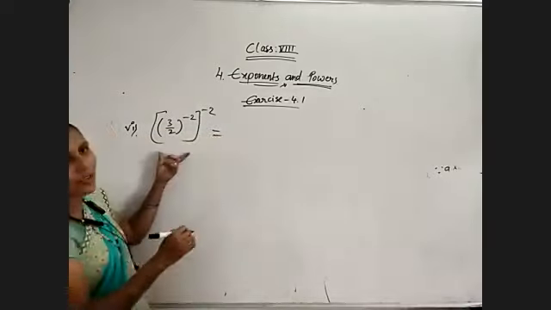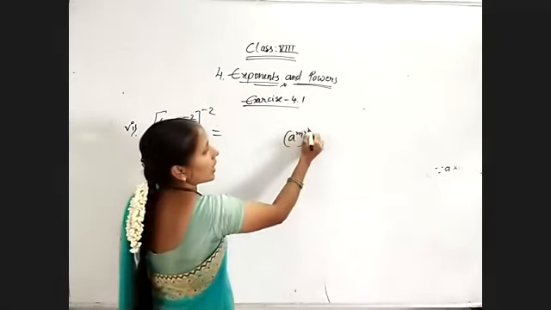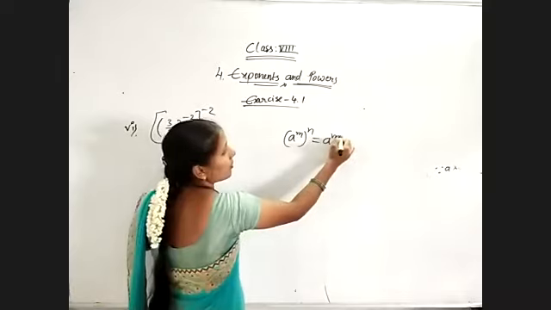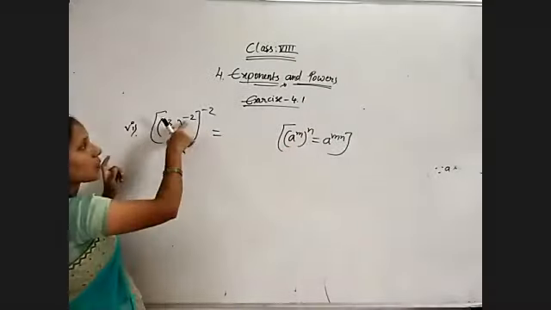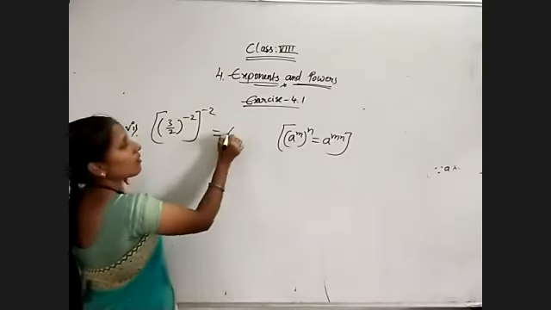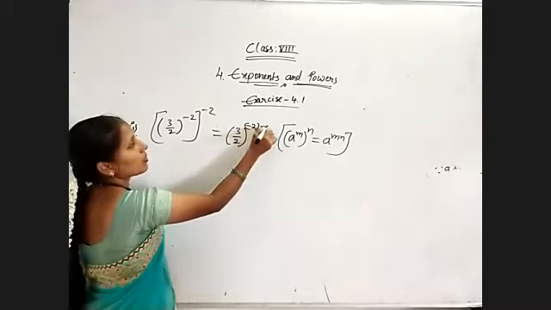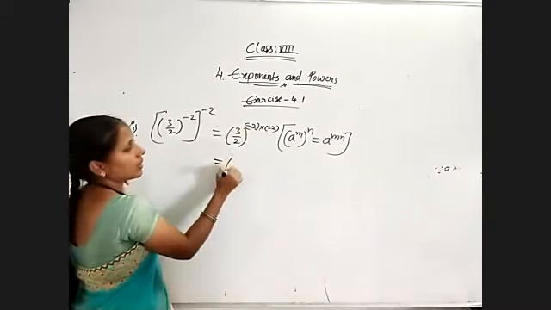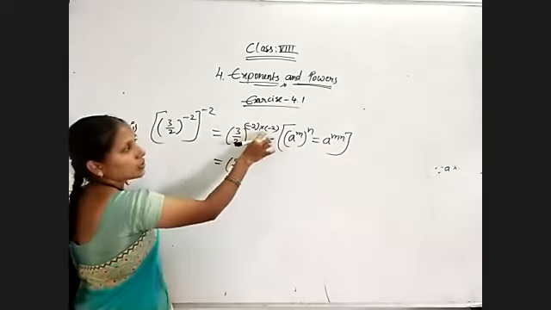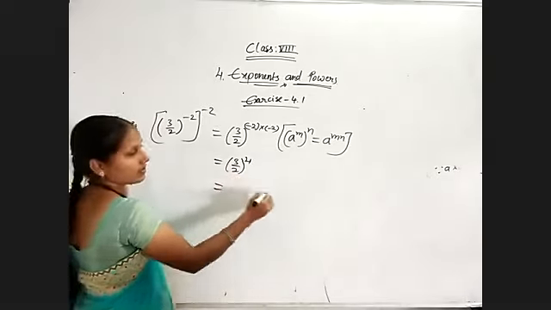So this is in which form? Just observe. A power m whole power n is equal to a to the power of m into n. Exponent to exponent. So what I am doing, 3 by 2 to the power of minus 2 into minus 2, a power m into n. And 3 by 2 to the power of minus into minus plus, so 2 to the 4.